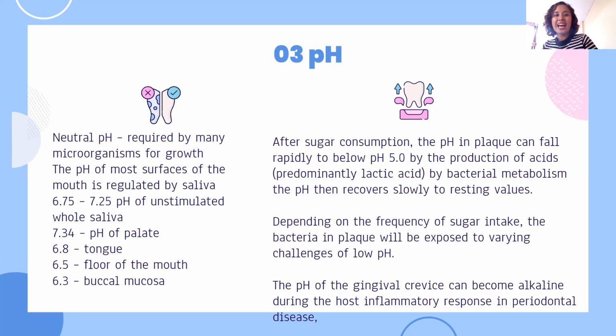And this acid will break down the enamel of your teeth, or demineralize it. So the pH of the gingival crevice can become alkaline during the host inflammatory response in periodontal disease. So kung lumaban na yung katawan, like yung mga WBCs natin, white blood cells natin, the pH could return back to neutral or maging alkaline pa nga.